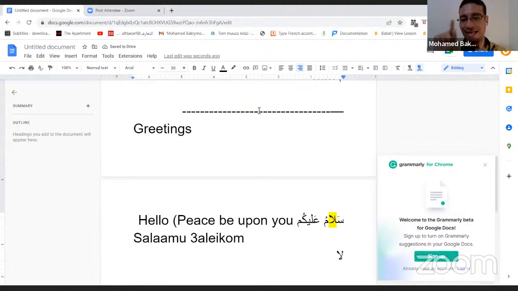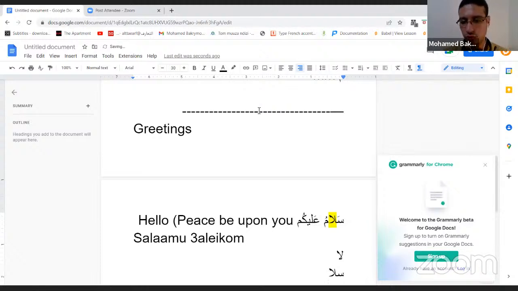When lam is followed by an alif, it can be written in 3 forms, depending on the font that you're using on your computer. I'm using Arial font, which is very common on computers.